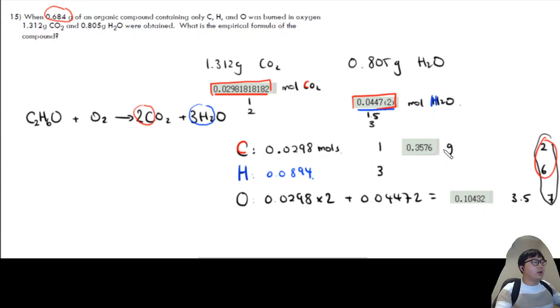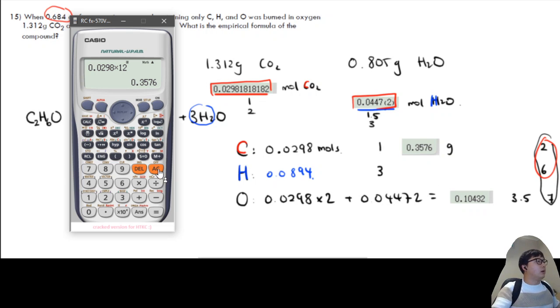Right now we're not worried about the ratios, we're purely calculating the mass. Then you do 0.0894 times 1, and there are this many grams of hydrogen.